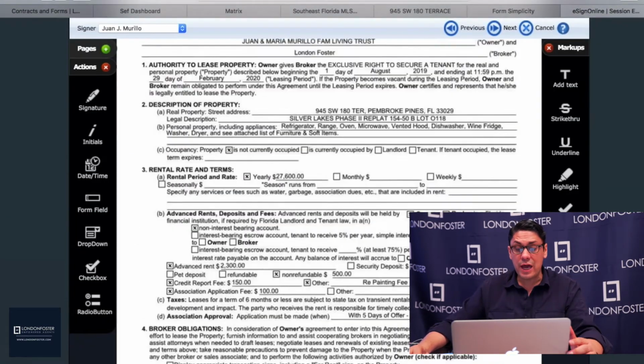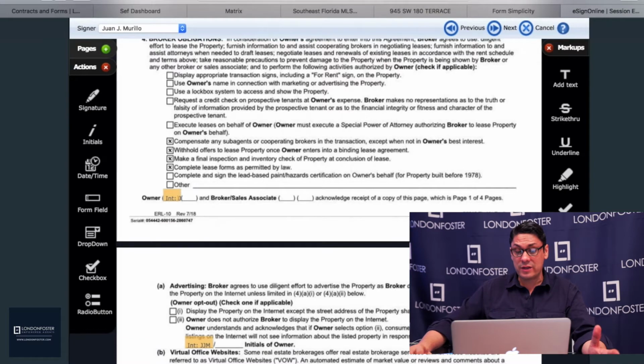Okay, so I'll be able to look here at everywhere in the transaction the seller is authorized to sign.